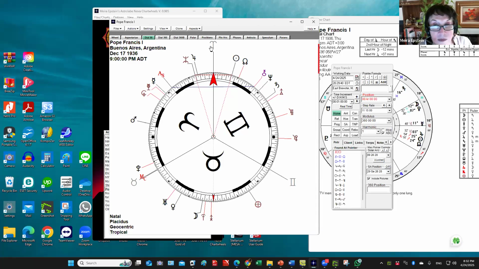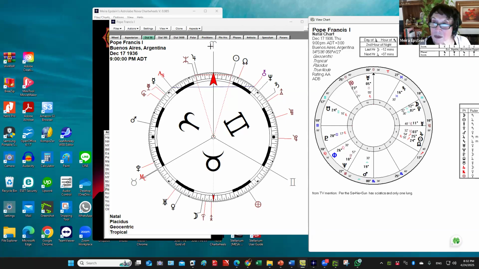Now, what does he have there? The Sun and Poseidon. Sun, personal point. It does not require explanation. And Poseidon, the ultimate spirituality, which the 10th house of the traditional chart does not have. I'm doing a cross-reference here.